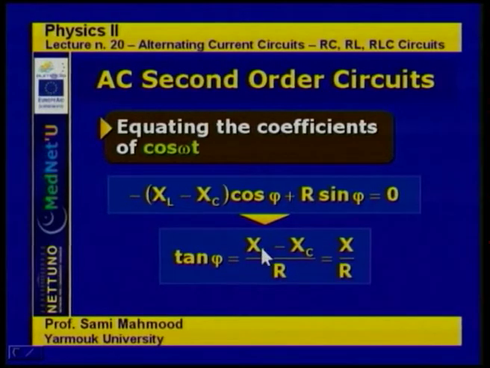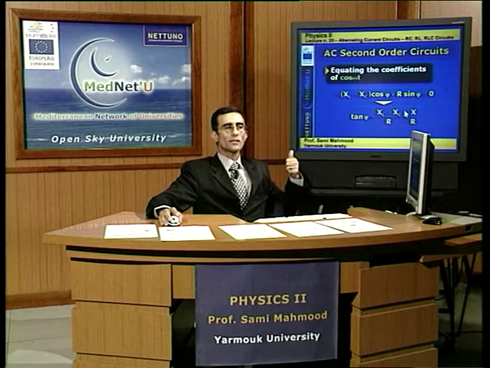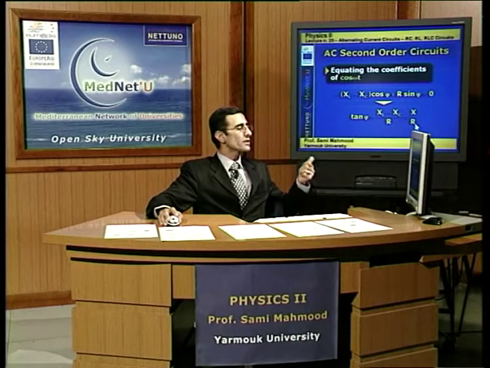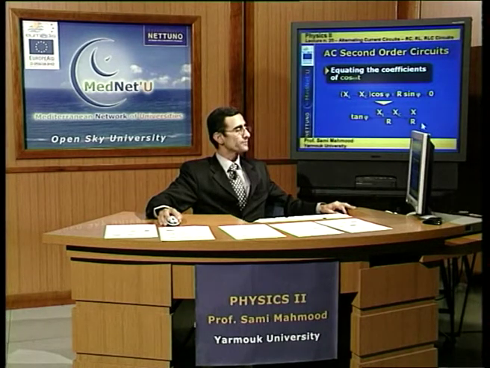Tangent phi is equal to (X_L minus X_C) over R. That is equal to X over R, where X is equal to X_L minus X_C. X_L is the reactance of the inductor, X_C is the reactance of the capacitor. So X, which is the summation of these reactances, taking into consideration the directions of them, is simply the total reactance of the circuit. So the reactance of the circuit divided by R gives tangent phi, this undetermined coefficient.